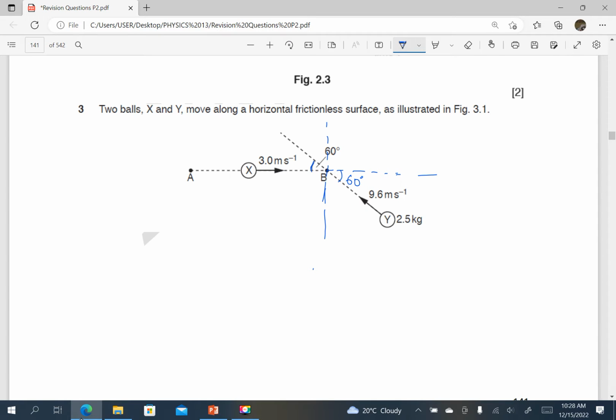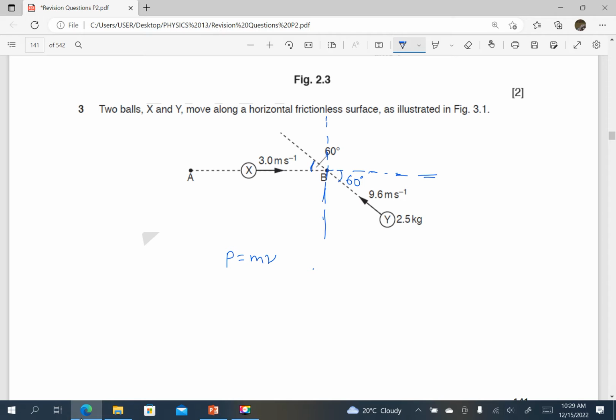I've divided this into 2 planes, the vertical plane and the horizontal plane. So by considering momentum in the horizontal plane, we want to find the mass of X. Remember, momentum is mass times velocity. So by conservation of momentum, I will resolve. Initially, this momentum is only in the horizontal plane.